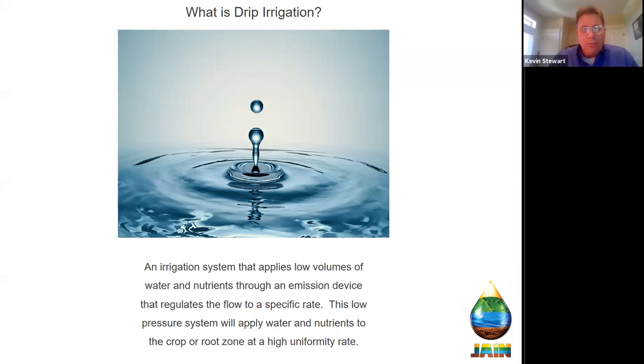By the time water has made its way through the tape, it's coming out a droplet at a time. So again, low rates, high frequency. Traditional irrigation systems may run once a week. We're running every day in extreme cases, but generally every 2 to 3 days is when a drip irrigation system is applying water to a field.